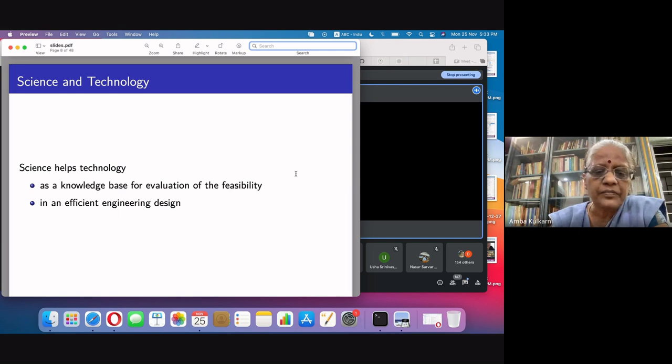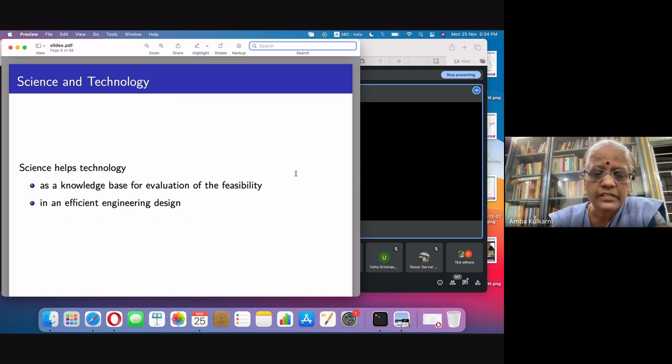One is that science helps technology as a knowledge base for evaluation of the feasibility. So, is it possible to build some technology? And if it is possible, what exactly is possible and what is not? That we know from the science.